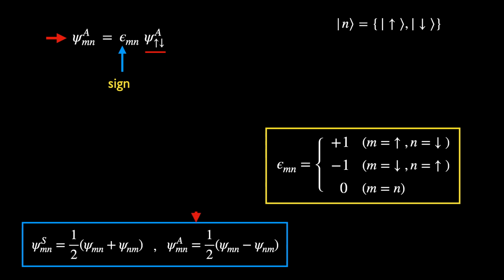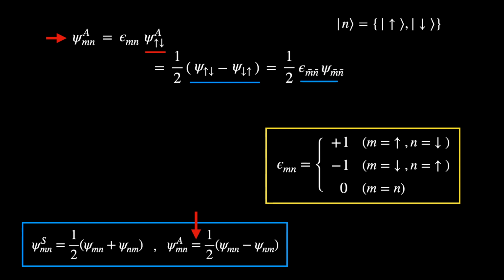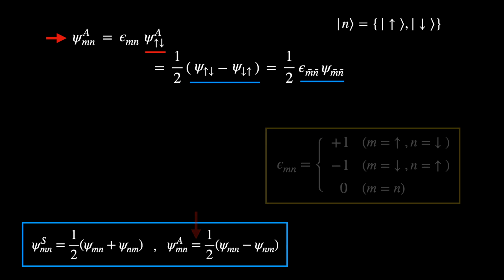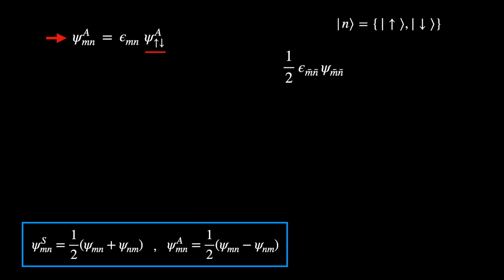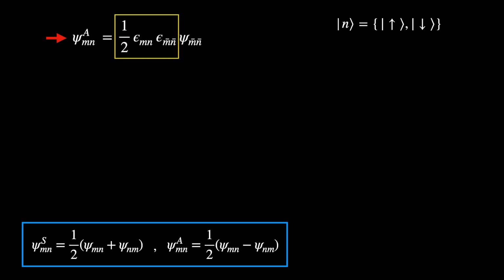We can write psi A up-down in terms of its definition in the blue box below. This term in the bracket can be written concisely as the contraction between epsilon and psi. Thus, we have derived a projector that projects out the anti-symmetric part of a tensor.